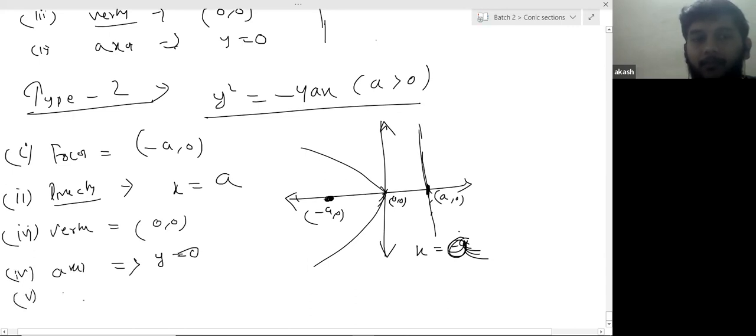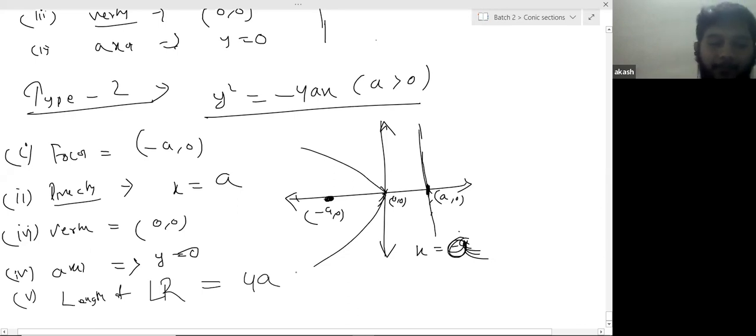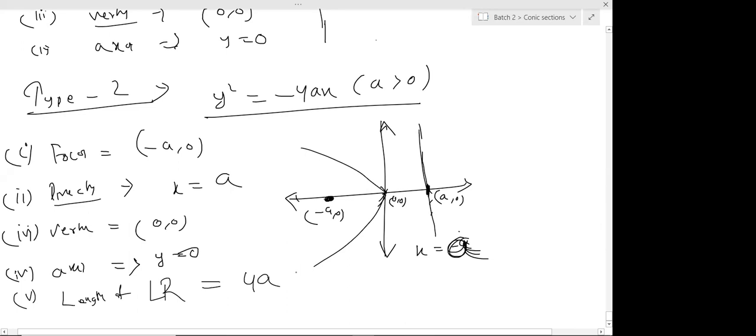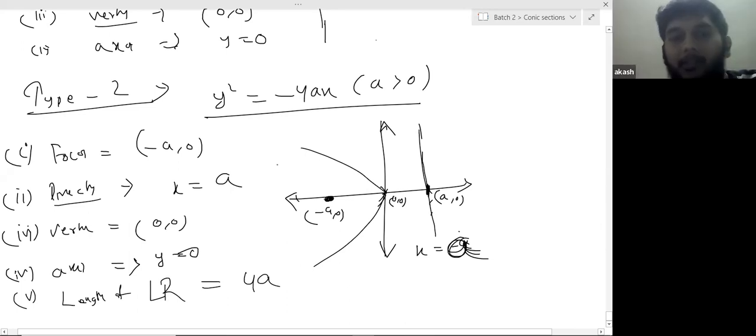Length of latus rectum, here also it is 4a. Nothing is changed. Only two things are changed: this and this. Write it down.